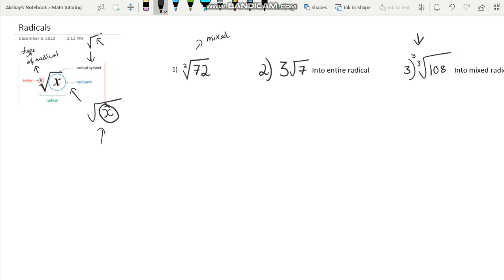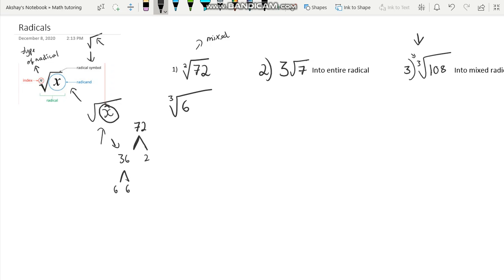Mixed radical form. So the basis of radicals is we can do the prime factorization of 72, 36 and 2, and 6 and 6. And we need to find the largest perfect square of our number, which is 72. In this case, our largest perfect square would be 36 because 36 is also 6 squared.